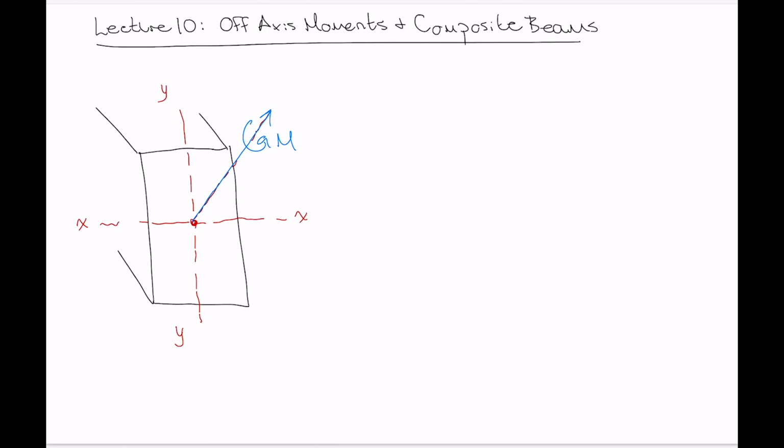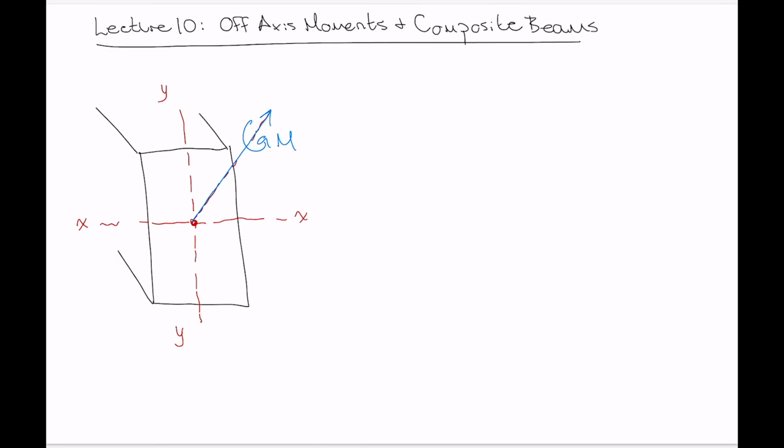But in any case, sometimes we get these off-axis moments like this, and these are really easy to deal with. There's nothing tricky about them. All that you do is you do a vector decomposition of that moment into components that act about your x and y centroidal axes, and then deal with them separately.